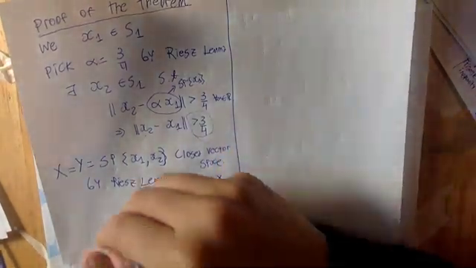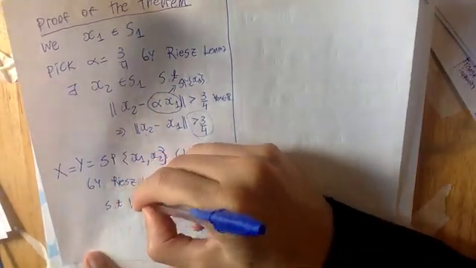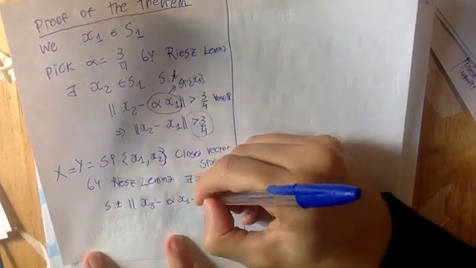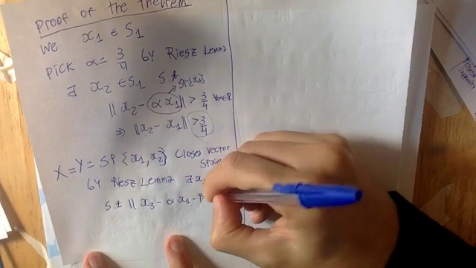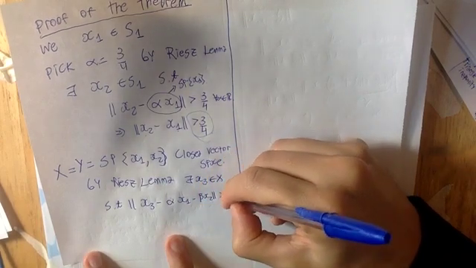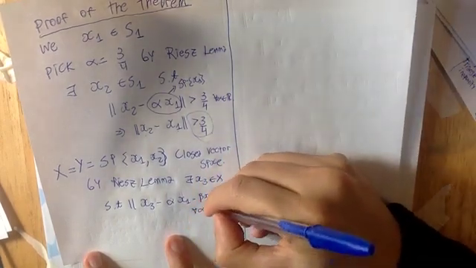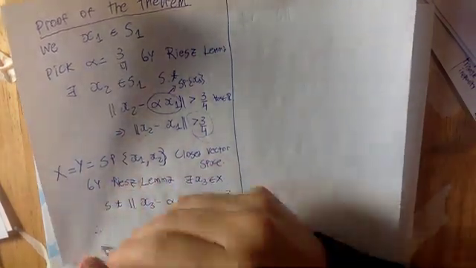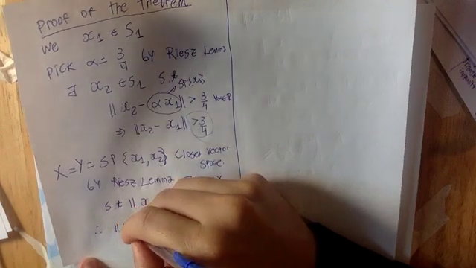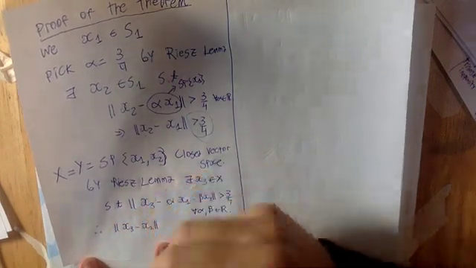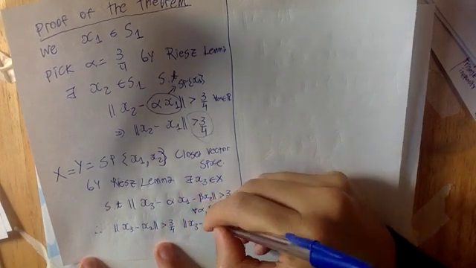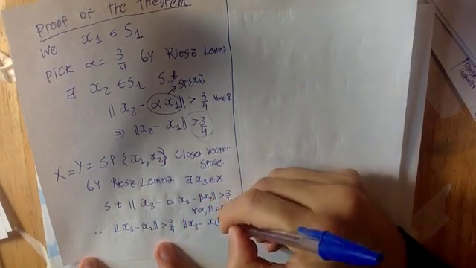So by Riesz lemma, there exists x3 in X such that x3 minus, let's say, alpha x1 minus beta x2 is bigger than 3/4 for every alpha, beta in R. So in particular, x3 minus x2 is bigger than 3/4, and x3 minus x1 is bigger than 3/4.